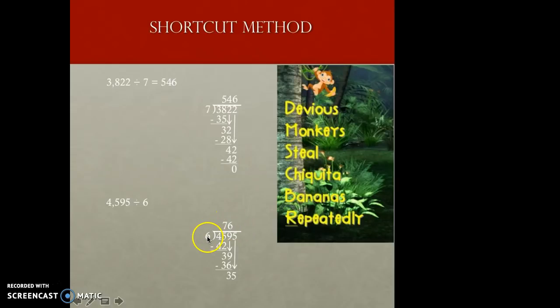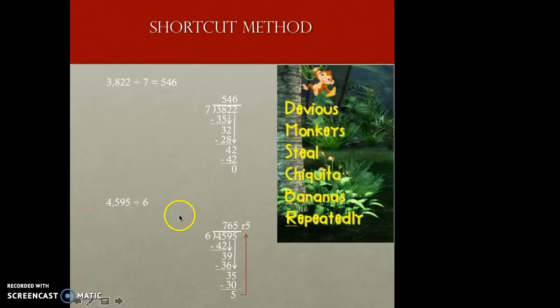How many 6s are in 35? 35 divided by 6. What times 6 will get me close? Well, 5 times 6 is 30. S means subtract. Check. We're good. Nothing else to bring down. That means we're done. So I have a remainder of 5, which I need to report up here on top.